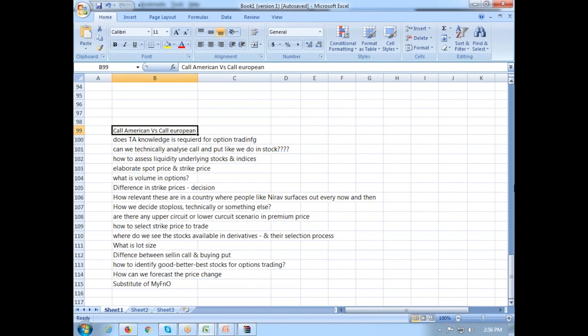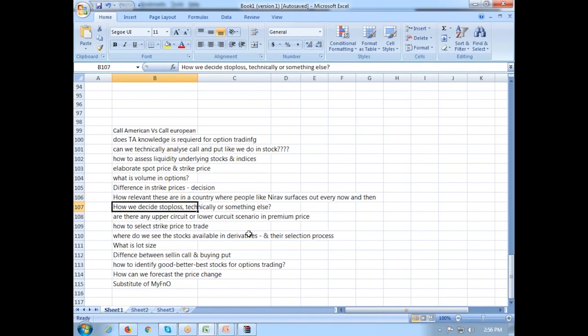Call American versus call European, but I will choose to answer one by one, easiest first. Let me read them once again. Call American versus call European. Technical analysis. These two questions are the same. How to assess liquidity and underlying is important. Elaborate stock price. What is volume in options? Difference in strike prices and who decides that? How relevant is the country on Nirav Modi?